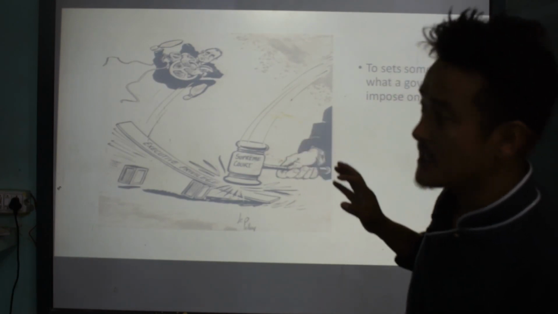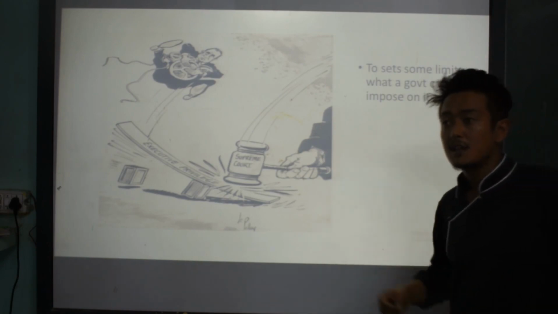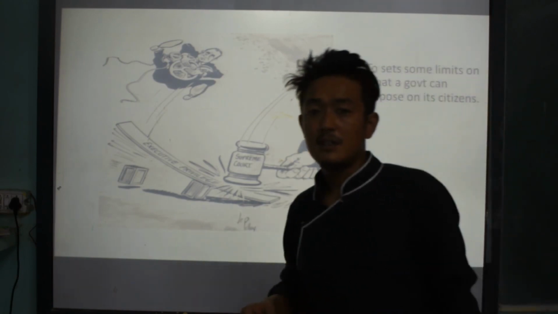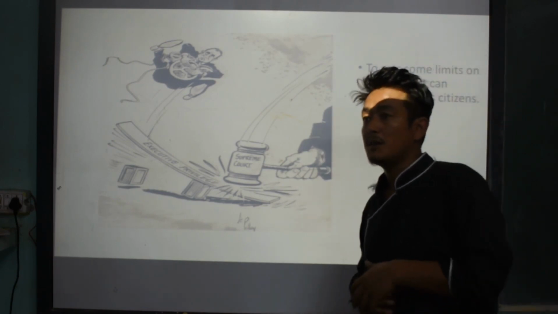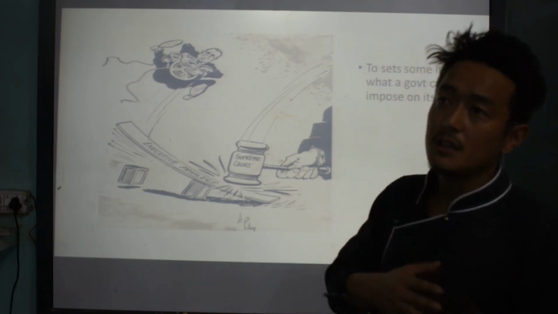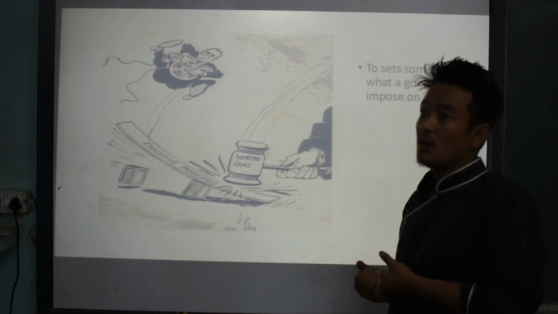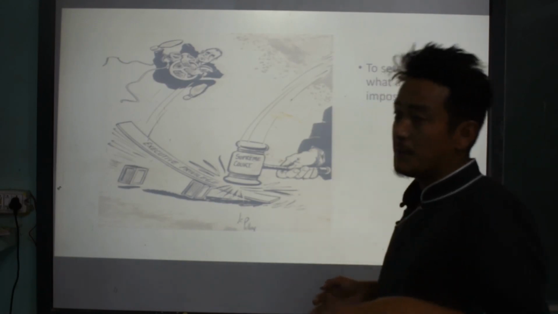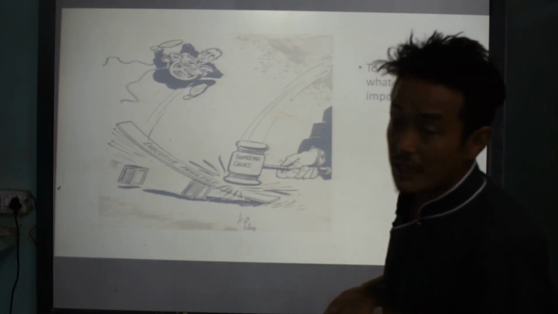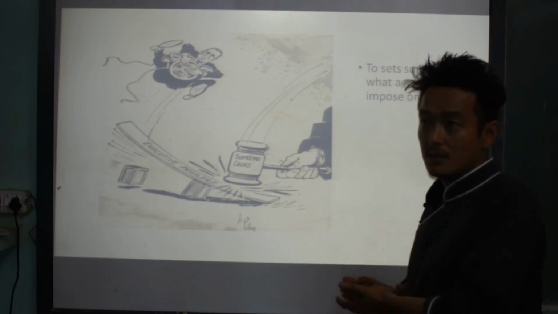Now, one of the best examples for putting a limit on the government is our fundamental rights. If we take the example of fundamental rights, they are very important rights for every citizen of the country. So, in a constitution, it is stated that no government or any institution is allowed to violate those rights.